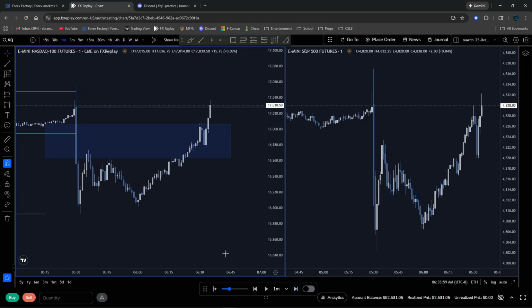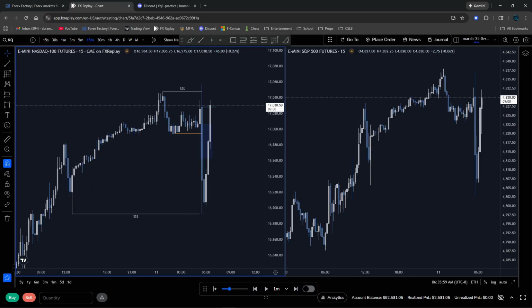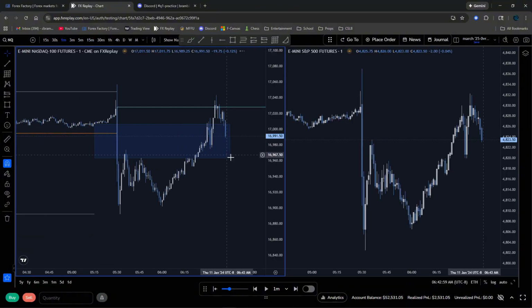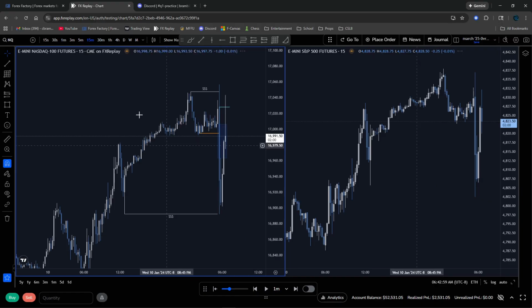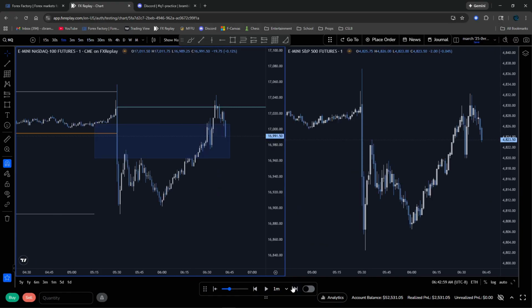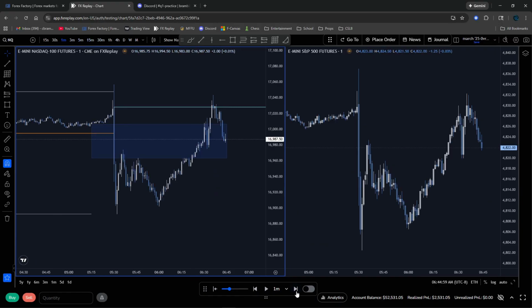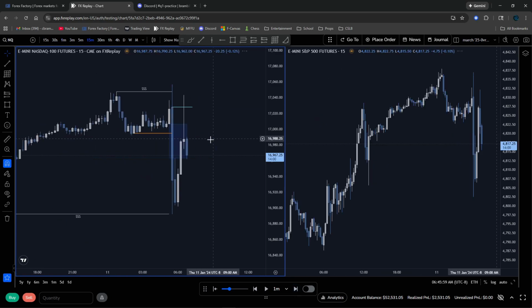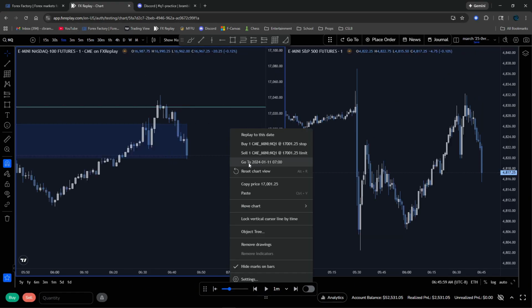Okay, it took it, but look at that. It failed to close above. So yeah, it did it, but ultimately, it's still bearish.